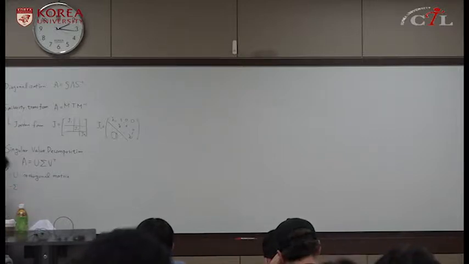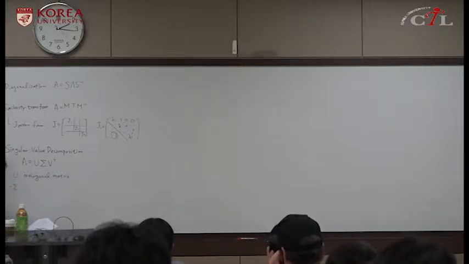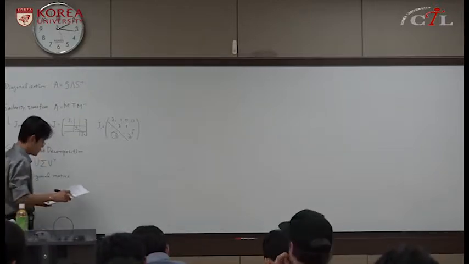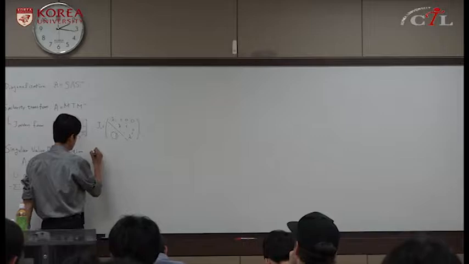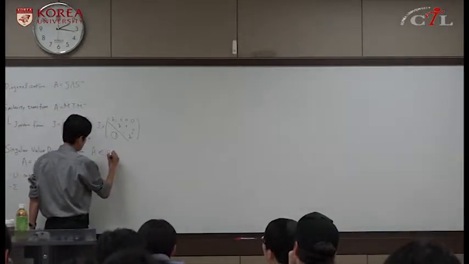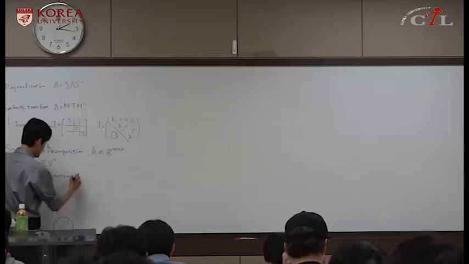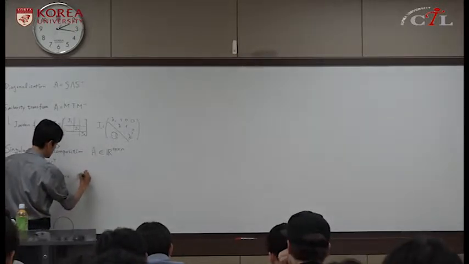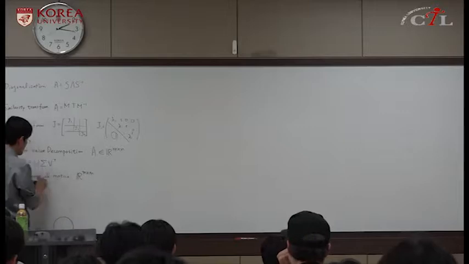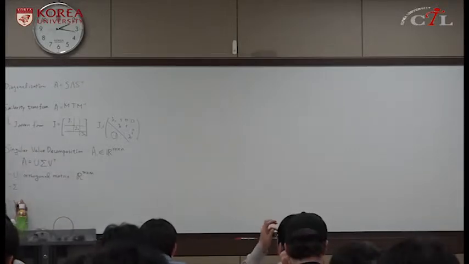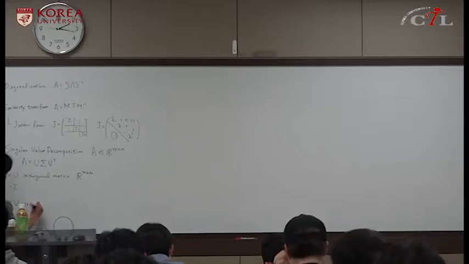And sigma, for a given m by n matrix, is also m by n, so it's rectangular. Then U is m by m, and V is n by n. Also, V is an orthogonal matrix.